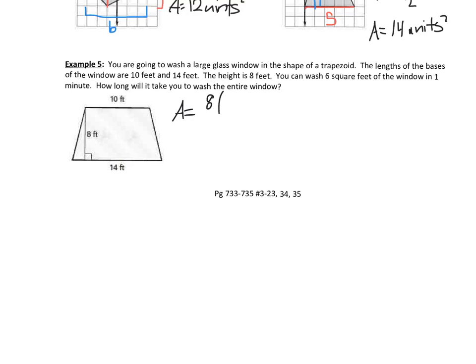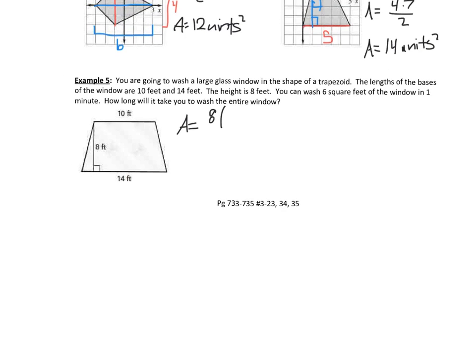8 times, I'm going to add my two bases together. So 10, whoops, see if I can get this pen to work. There we go. 10 plus 14, and take that whole thing and divide it by 2. So let's see, my area should equal 8 times 10 plus 14, which is 24.